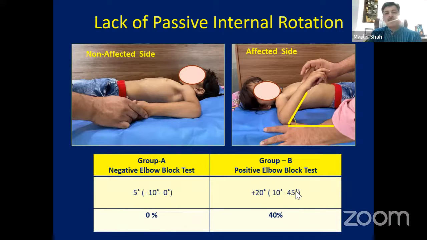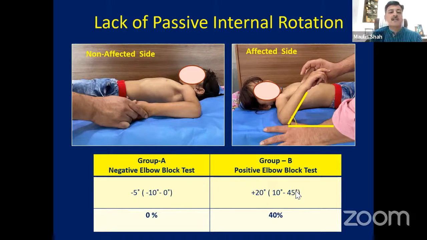Furthermore, when we tried to passively internally rotate the arm while the child's shoulder is 90-degree abducted on the bed, or while the child is standing, we found that in some of these kids, we could not passively internally rotate completely, which suggests that they had some degree of posterior capsular contracture or external rotation contracture.